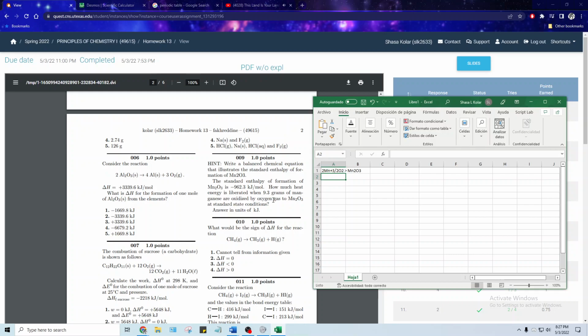So we have 9.3 grams of manganese. Manganese has a molar mass of 54.94 grams per mole. So this will give us the number of moles. And because we're taking 2 moles and producing 1, we halve this number.